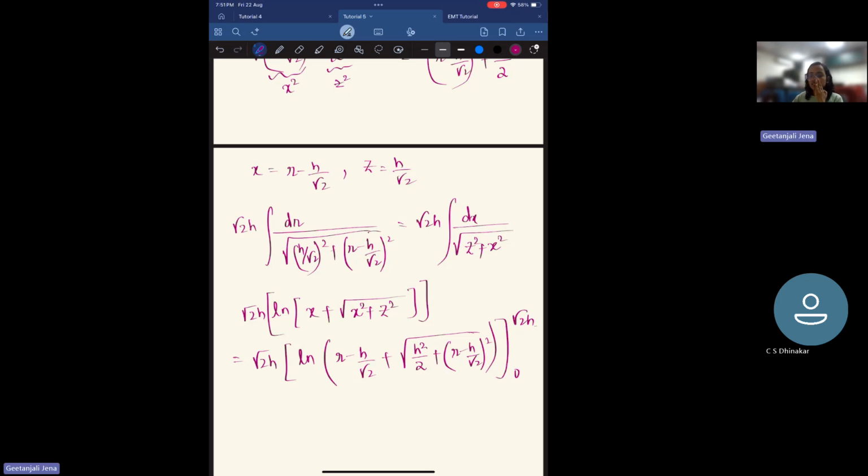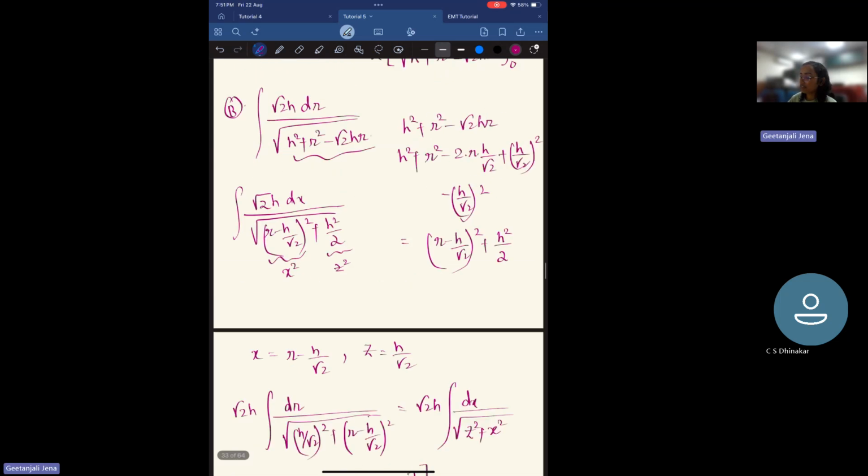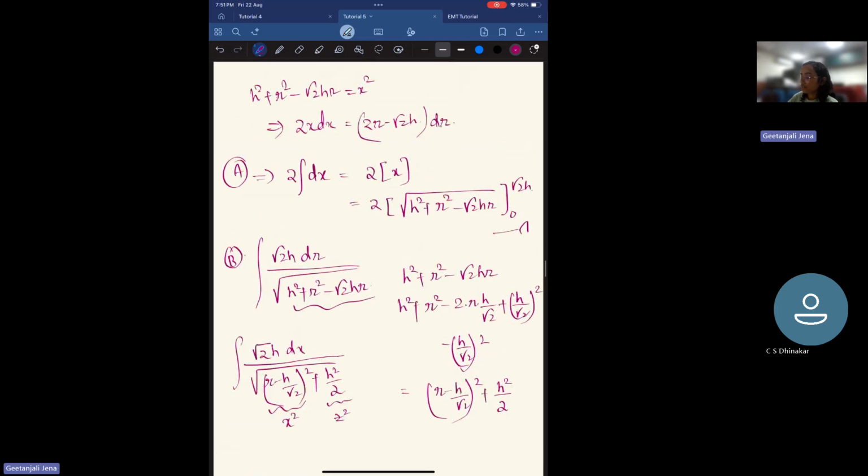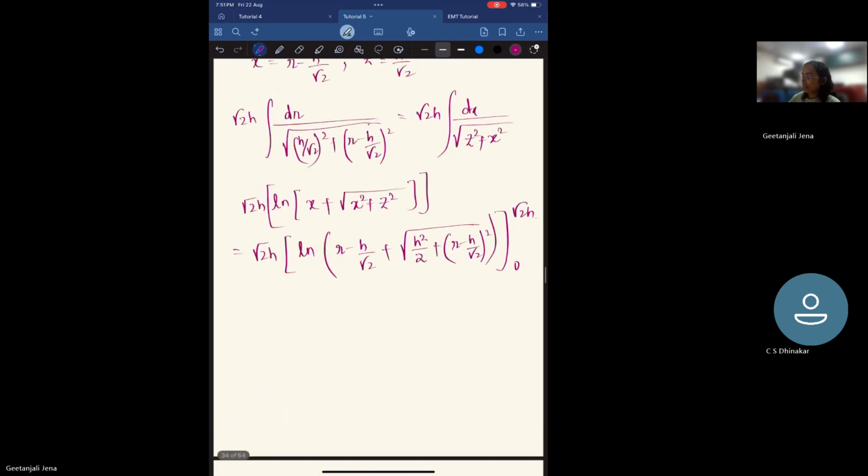So now we know the integration limit. Just put the limit for A and for B.